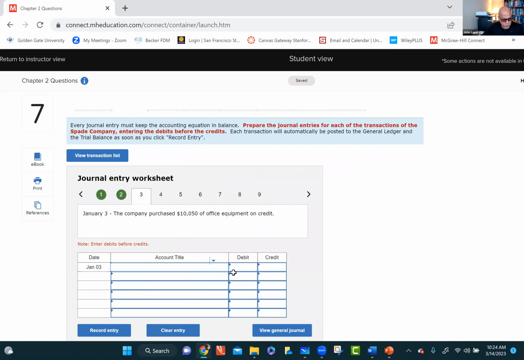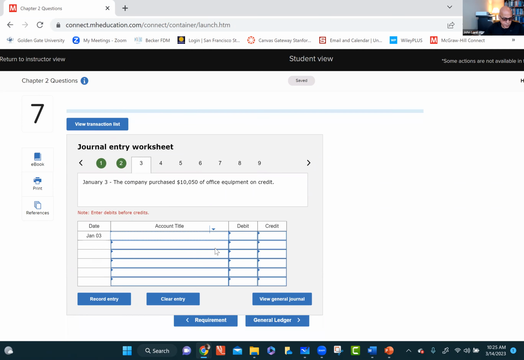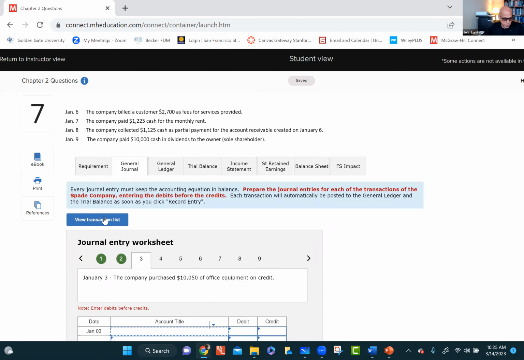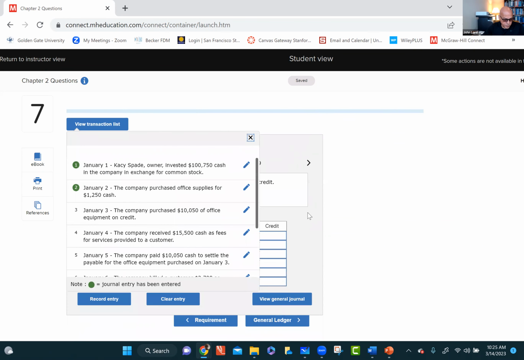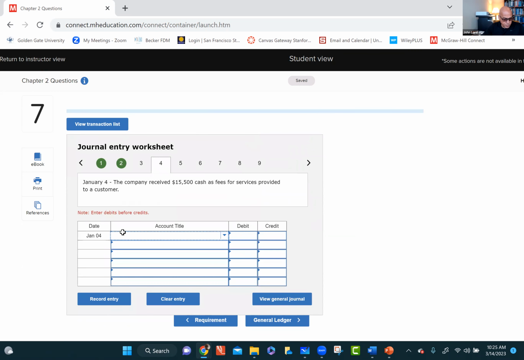So company purchase 10,000, I don't want this office equipment one. Sorry, guys. Let me go back to view transaction list. Let's do number 4. The company received 15,500 cash for fees for services provided to a customer.